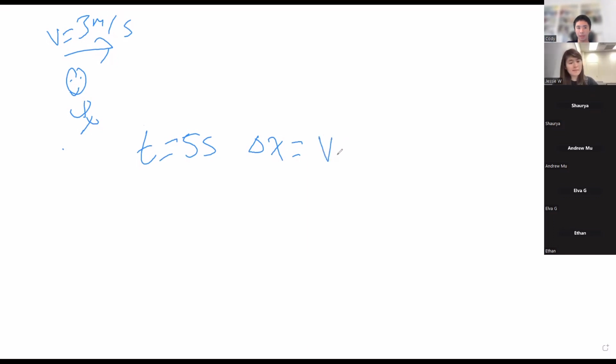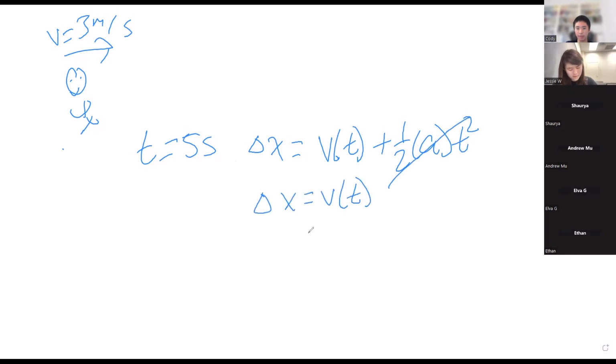Technically, the full equation would be velocity times time plus 1/2 acceleration times t squared. But usually, if they don't give you an acceleration in physics one, that just means there's no acceleration. So then you can ignore this, right? So the simplified equation would be just velocity times time, which is 3 times 5, which is 15. Okay.